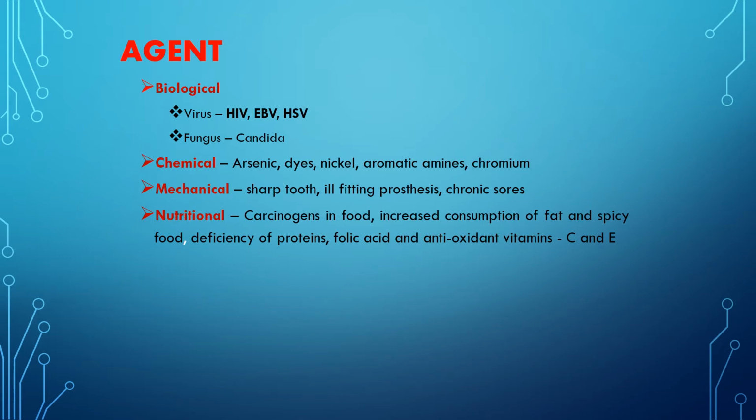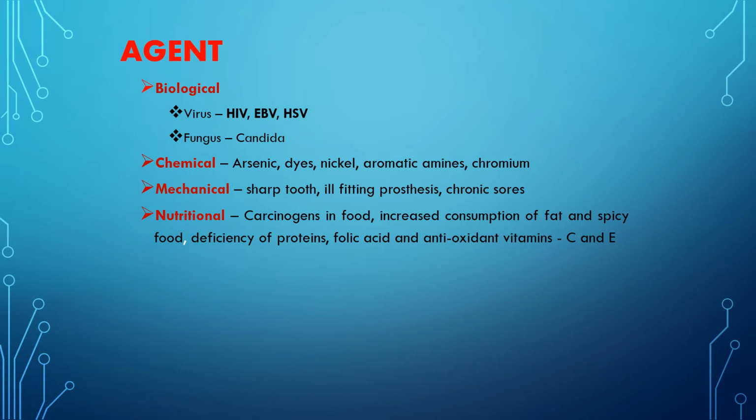And the agents, we have biological agents: viruses, HIV, HPV, and HSV; fungus, Candida. Okay, chemical: arsenic, dyes, nickel, aromatic amines, and chromium. Under mechanical, you have sharp teeth, overhanging fillings, prostheses or dentures, or chronic sores.